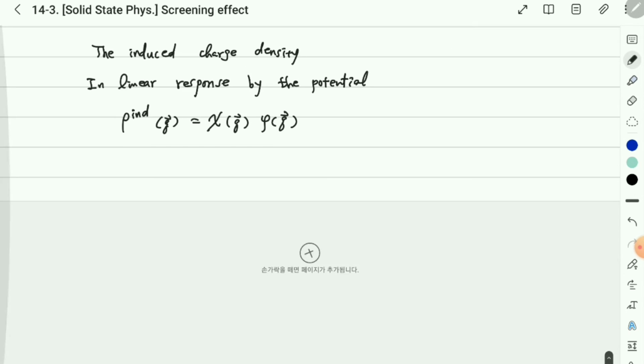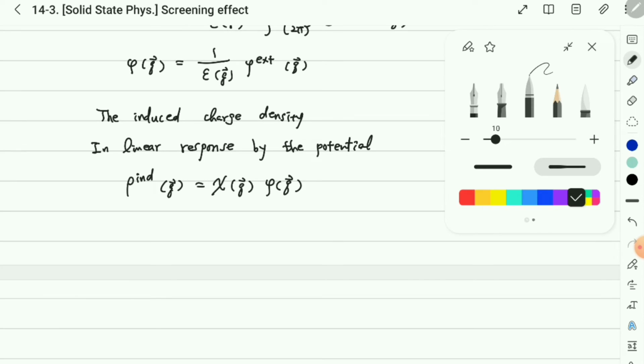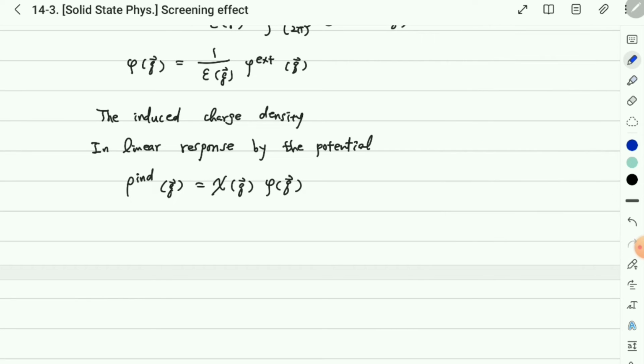Here this potential makes the induced charge, and chi is the electronic susceptibility.